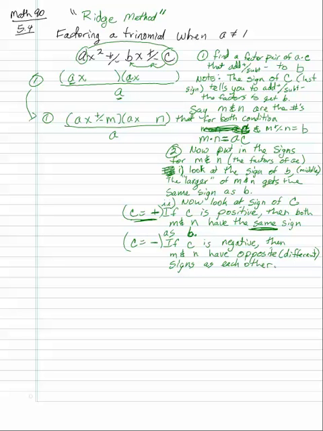If C is negative, then m and n have opposite signs as each other, all right? So then you put in the signs. First you look at the bigger one. Okay, that's step 2, actually.